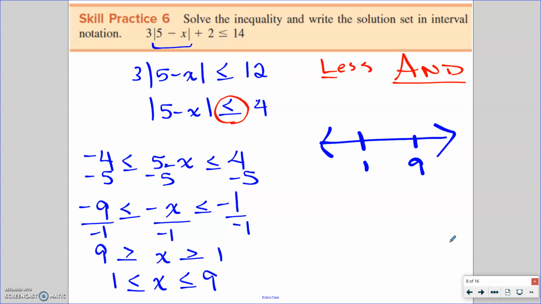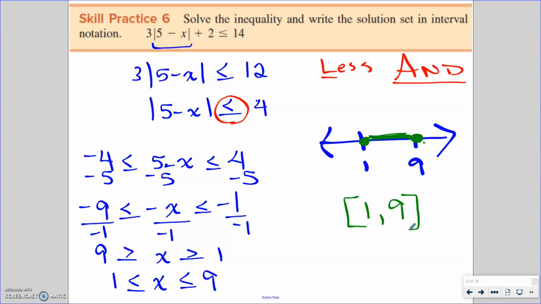And now they're inclusive, so closed dots. And since x has to be between them, I shade in between them. And then in interval notation, since x is trapped between 1 and 9, and they're both inclusive, I'm going to do bracket 1, comma 9. And there you have it.